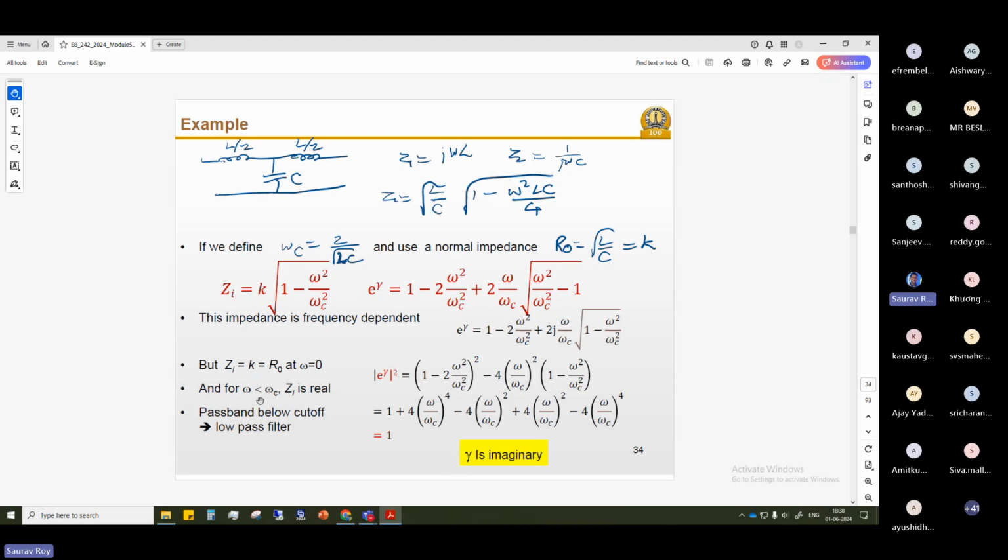For omega below omega c, that means in the lower frequency band, you see ZI is real and gamma is imaginary. Only when omega becomes greater than omega c does gamma become real. That is where the attenuation starts. In that portion, it is called a stop band.